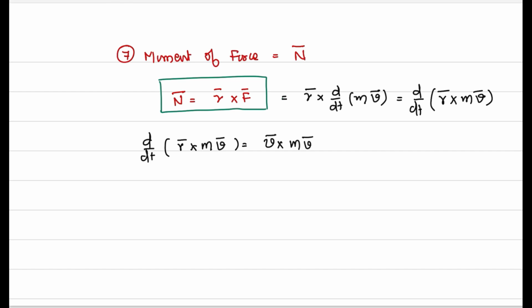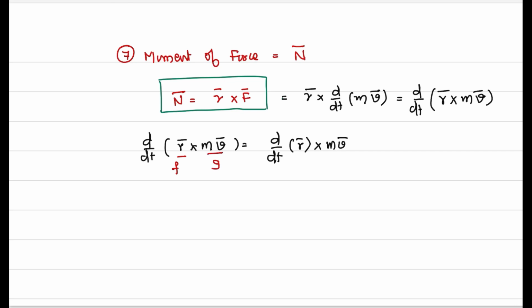We can write it differently, similarly, for clarity. D by dt of r cross mv. This is function f, this is function g.